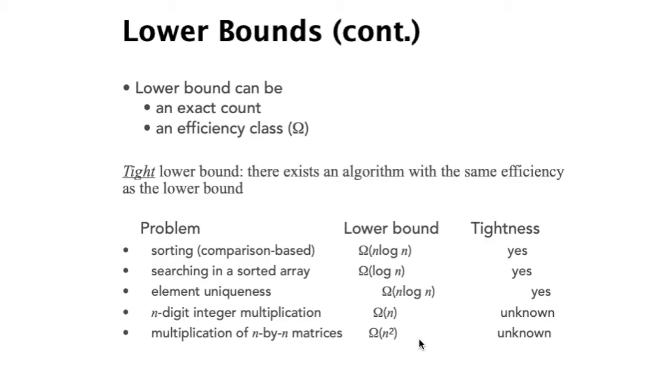From what I remember, it's O of n raised to 2 point something, 2.8 I think. So this is still an open problem if you can provide an algorithm with a lower running time complexity, or even better if you can provide a tight bound for the multiplication problem.